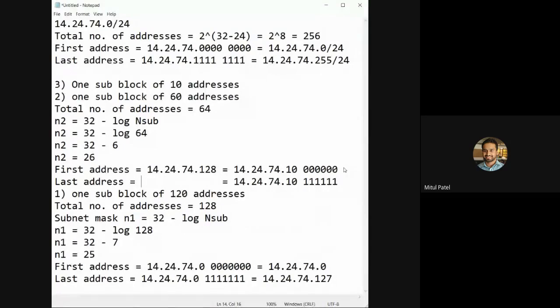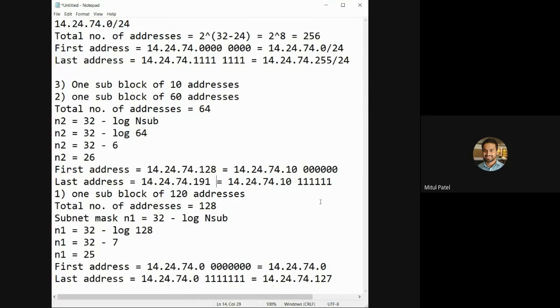Okay, so the last address of the second block is 14.24.74.191. So this is our second block's last address. Now the same process we have to repeat.